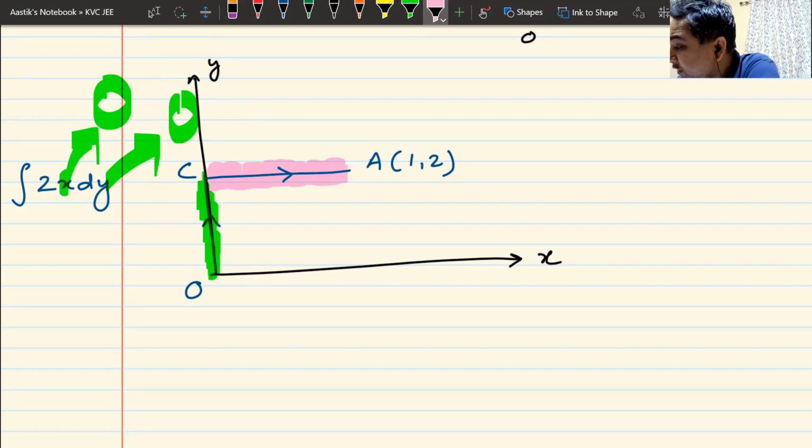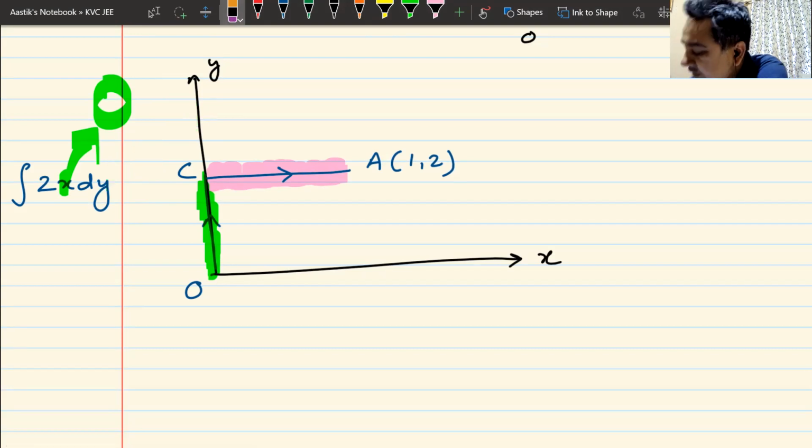Oh, sorry, I have made a mistake here. In the green path, the value of y is changing. Why am I writing the value of y as 0? Sorry, I made a mistake. So in the green path, only the value of x is 0.